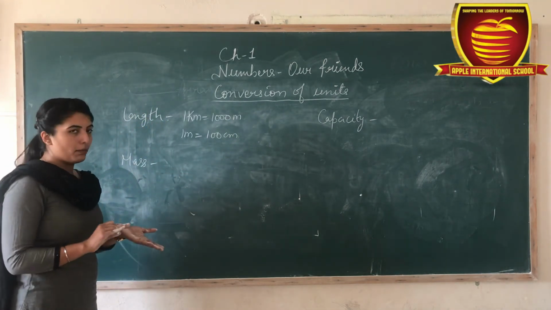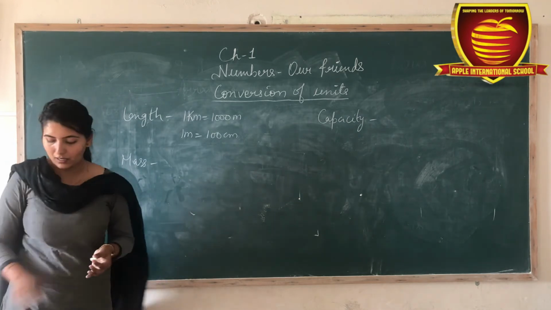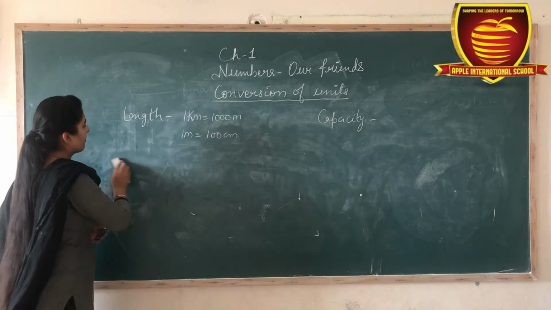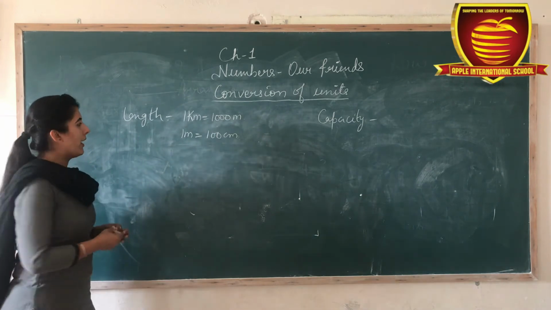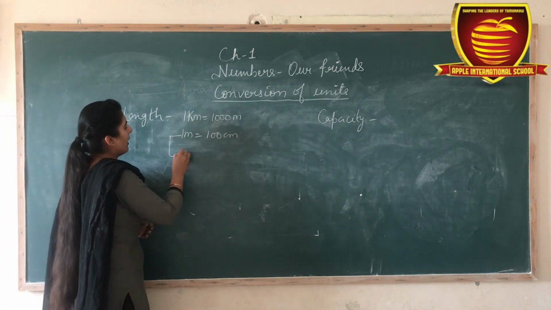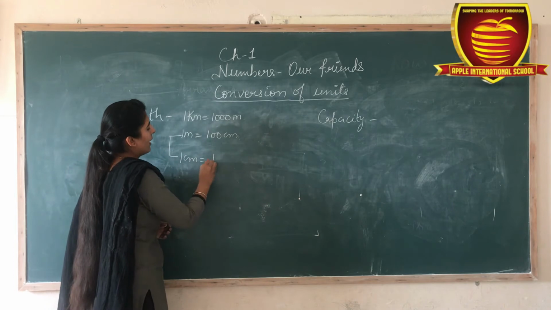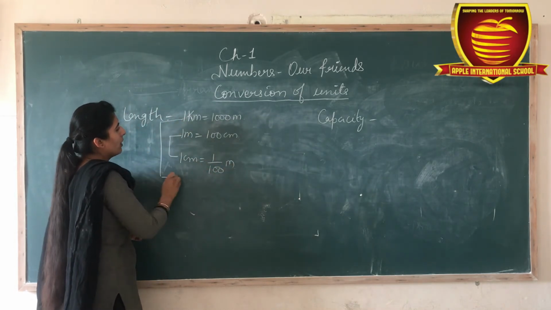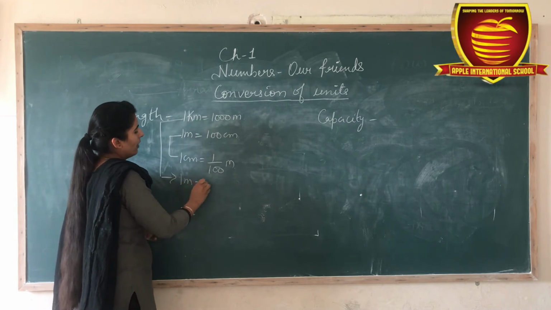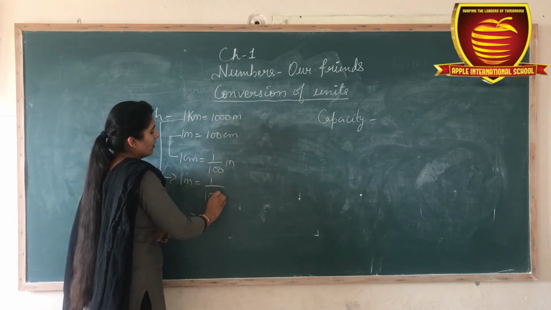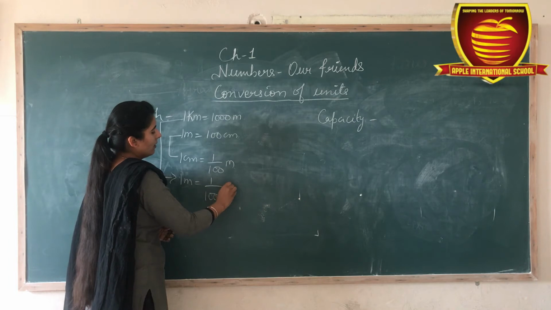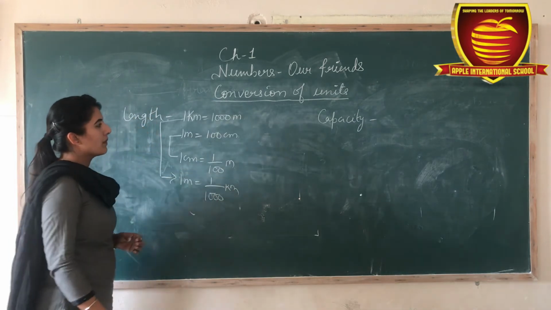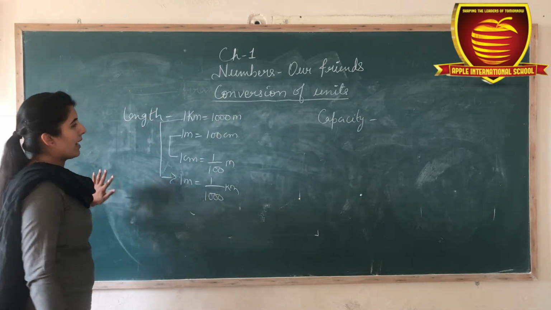If we reverse them, if I ask how many meters in 1 centimeter, then we divide these terms. In 1 meter, how many kilometers? 1/1000.